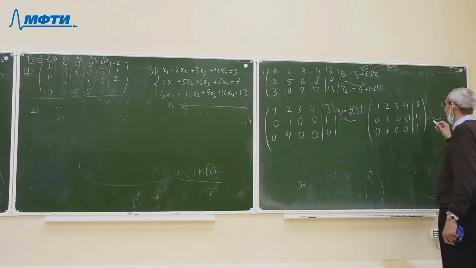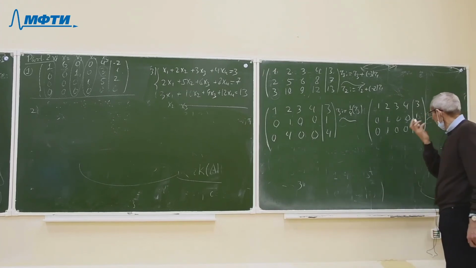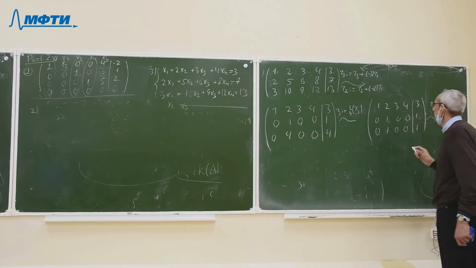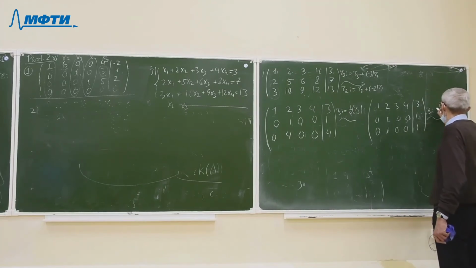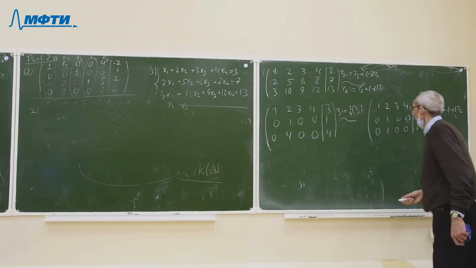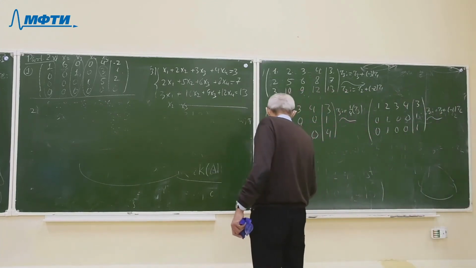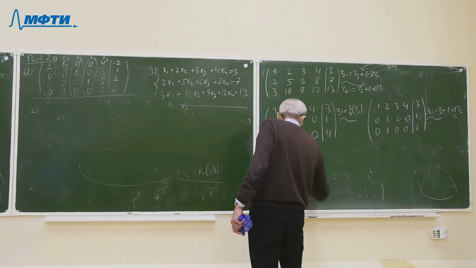And let's subtract the second row from the last row. And we obtain a 0 row.